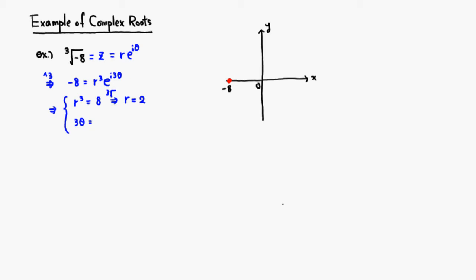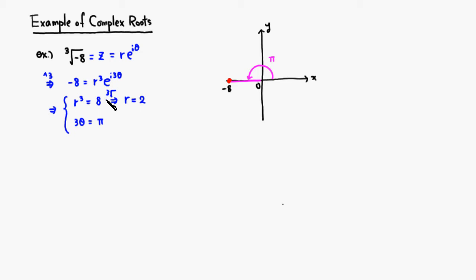Then the angle corresponding to that, starting from the positive x-axis and all the way to here, is going to be pi. So 3 theta is the angle of negative 8, so it's going to be pi.